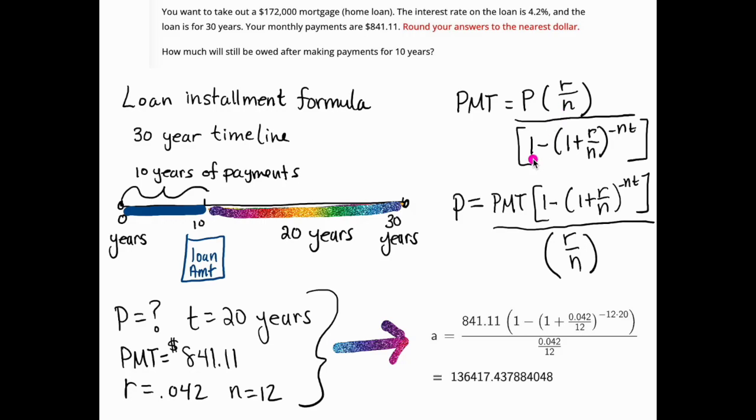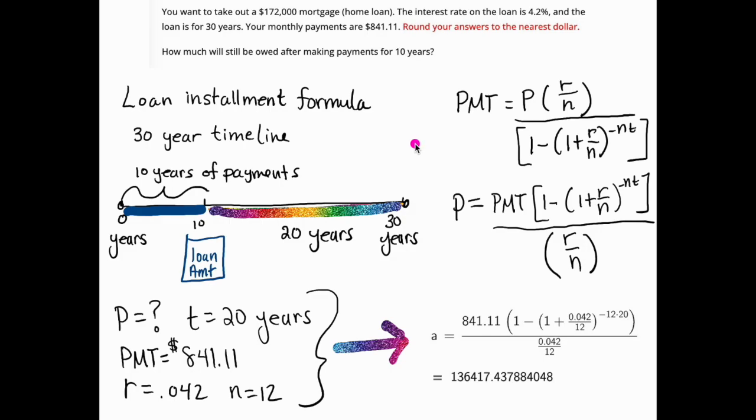And then down here we have 1 minus 1 plus the APR over the number of times compounded per year, all raised to the minus NT, where T is the number of years. We're going to have to think backwards on this.